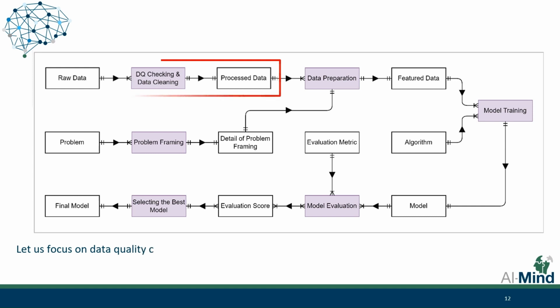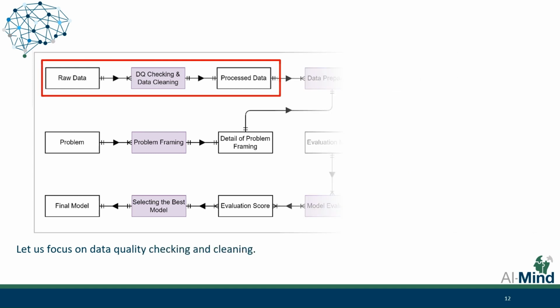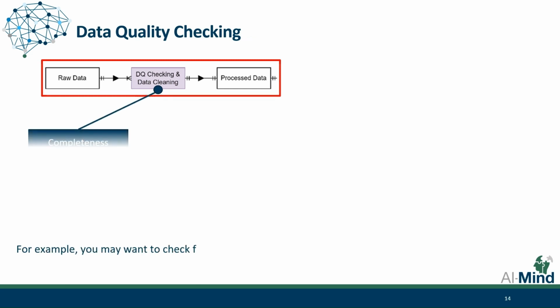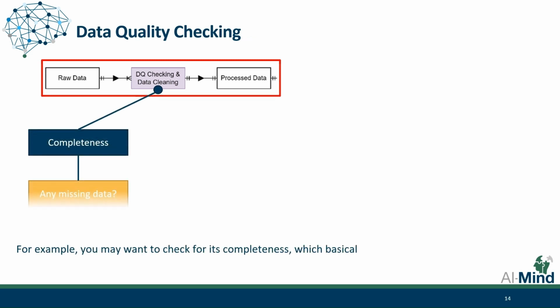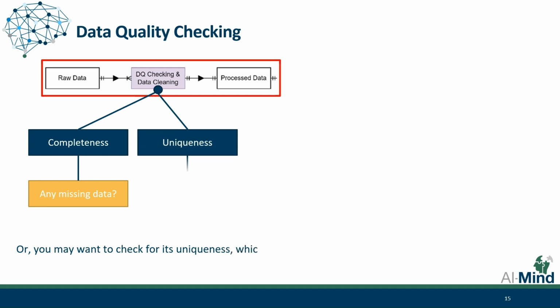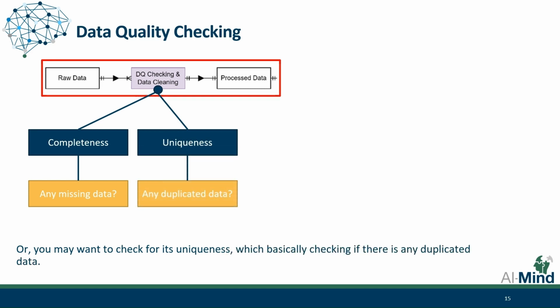Let us focus on data quality checking and cleaning. There are many ways to check raw data. For example, you may want to check for its completeness, which is basically checking if there is any missing data. Or you may want to check for its uniqueness, which is checking if there is any duplicated data.